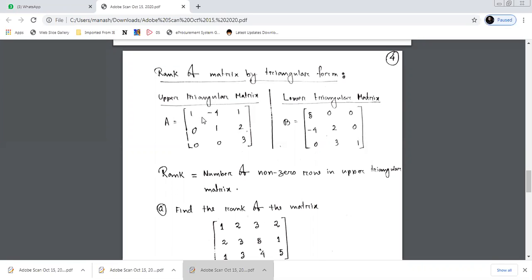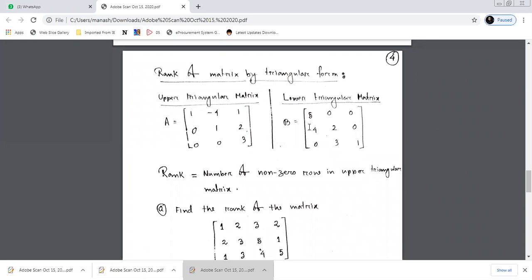This is the diagonal: 1, 1, 3. All the elements below the diagonal are 0. There may be some 0 elements above the diagonal also, no problem. The only condition is that all the elements below the diagonal must be 0. That is called an upper triangular matrix.